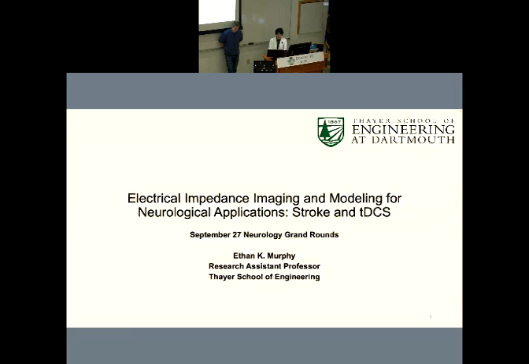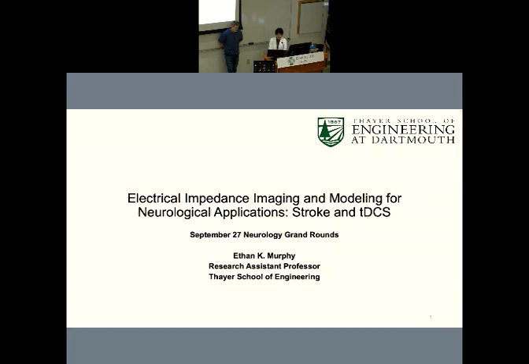His research primarily involves physics-based electrical modeling and imaging electrical properties using EIT, along with innovative computational techniques to enhance these methods for particular practical biomedical applications.